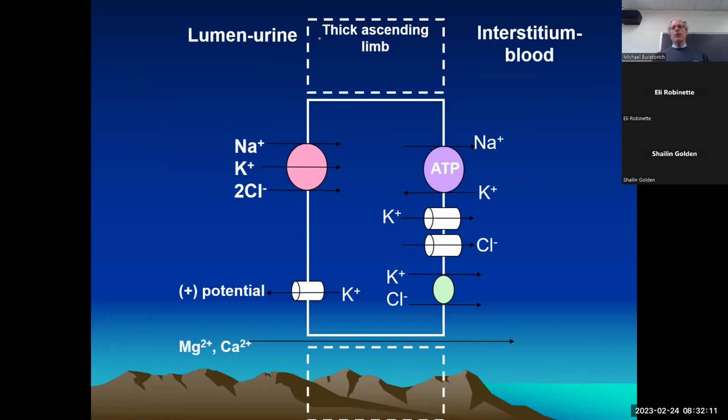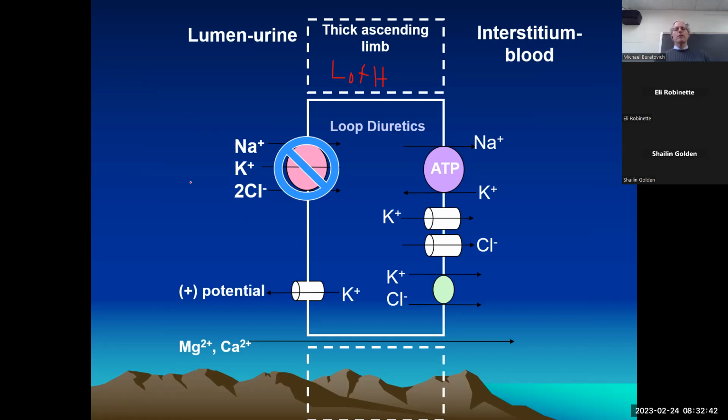So here is your thick ascending limb of the loop of Henle. There we are. Here are those powerful pumps right here, and the loop diuretics are going to inhibit that pump. If you inhibit that pump, you're going to leave lots and lots of these electrolytes in the filtrate.